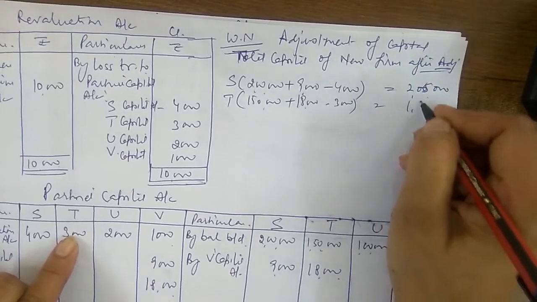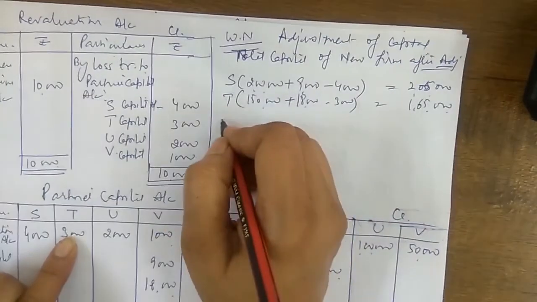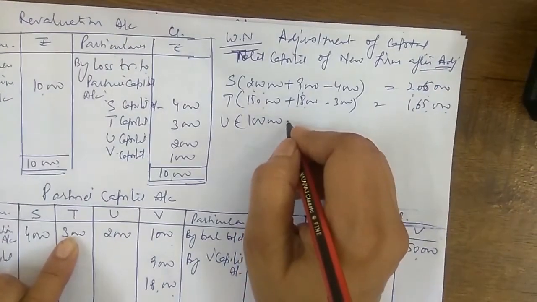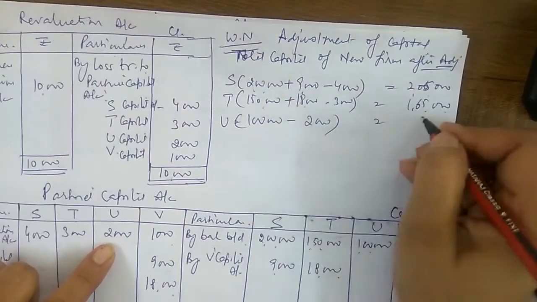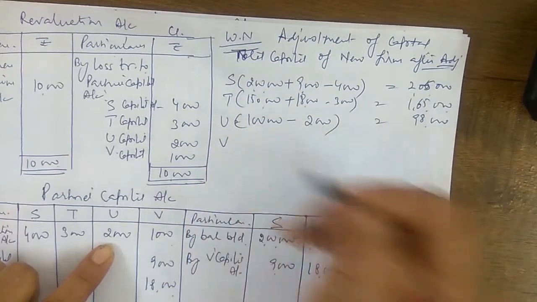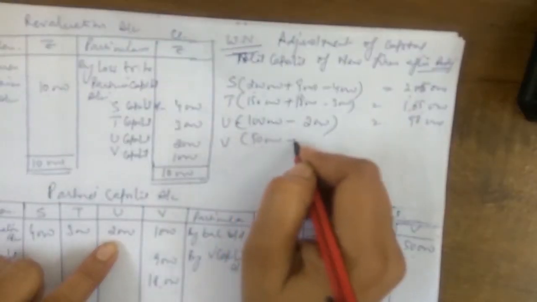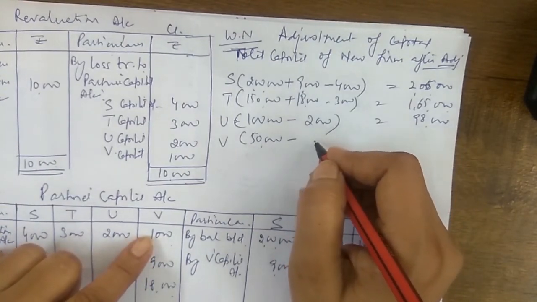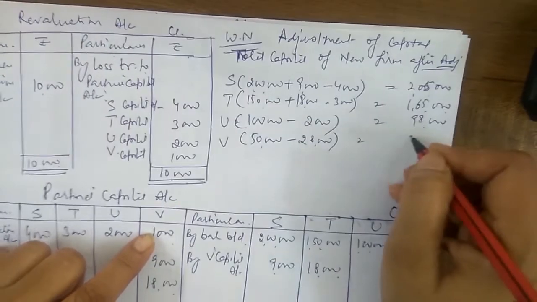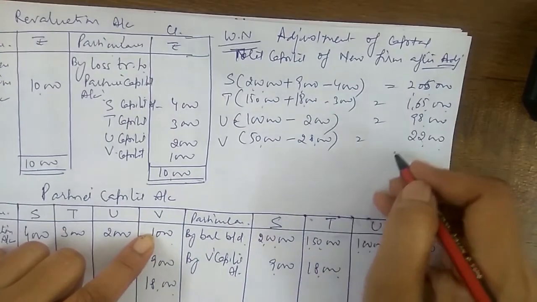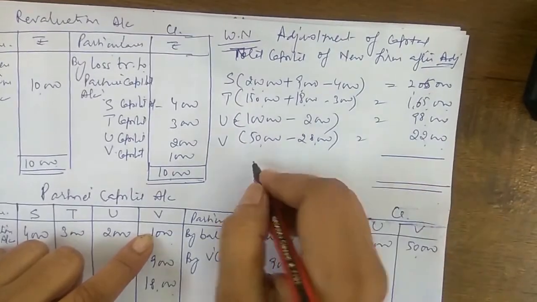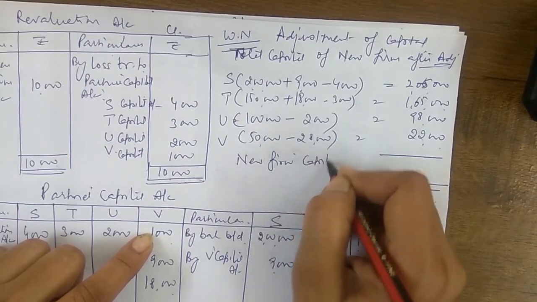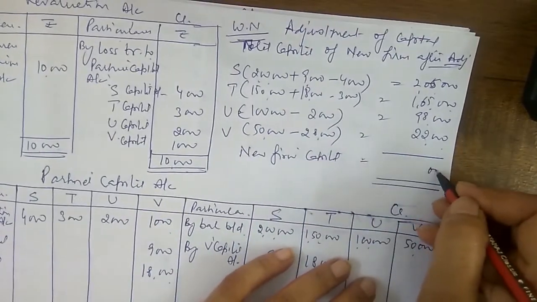So what is the value left? 1,65,000. U, it is 1 lakh minus 2,000, 98,000. Then V, 50,000 minus 1,000, and the value left is 22,000. Clear है बच्चे? Now we know that new firm's capital comes out as the addition of all the four.